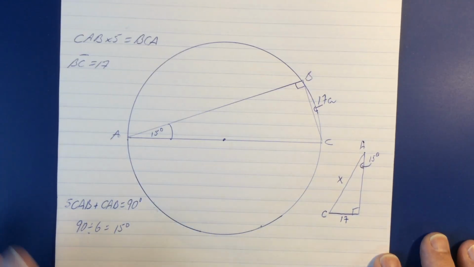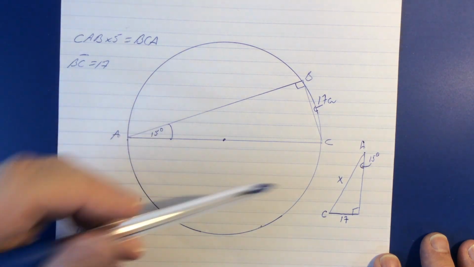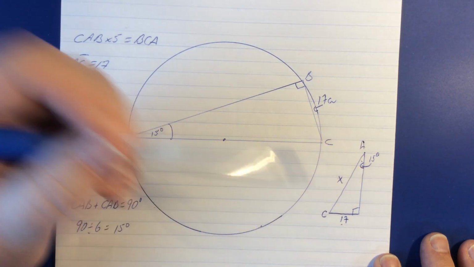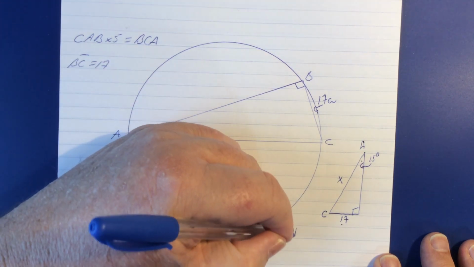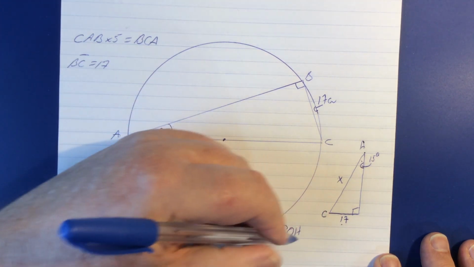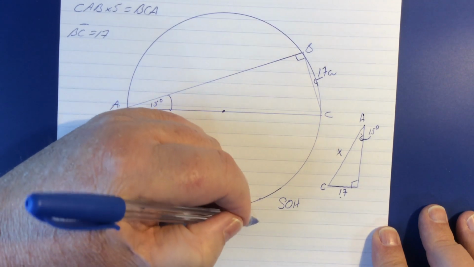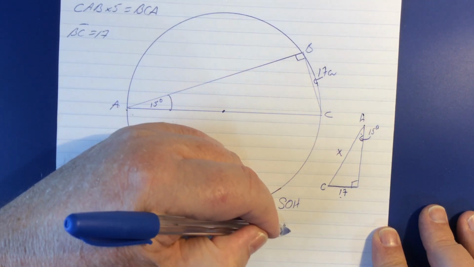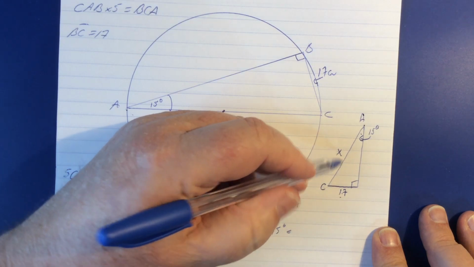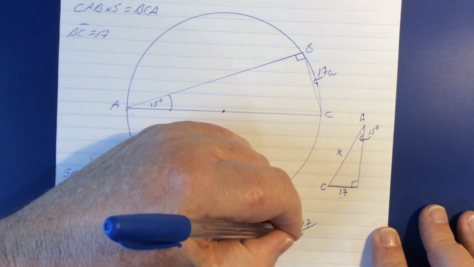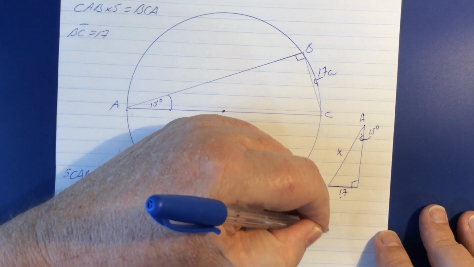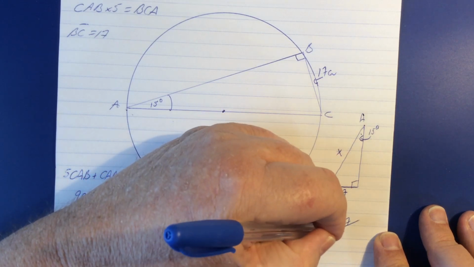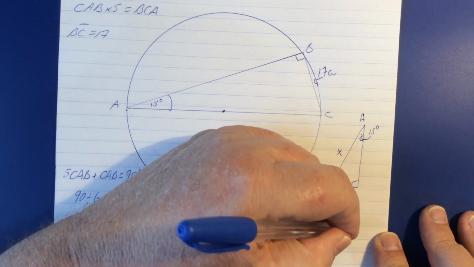Now, what that means is that we have an angle, we have the opposite side, and we're looking for the hypotenuse. So that's going to involve a sine, and the sine of 15 degrees is going to equal 17 over x. So if we rewrite that, x is equal to 17 divided by the sine of 15 degrees.